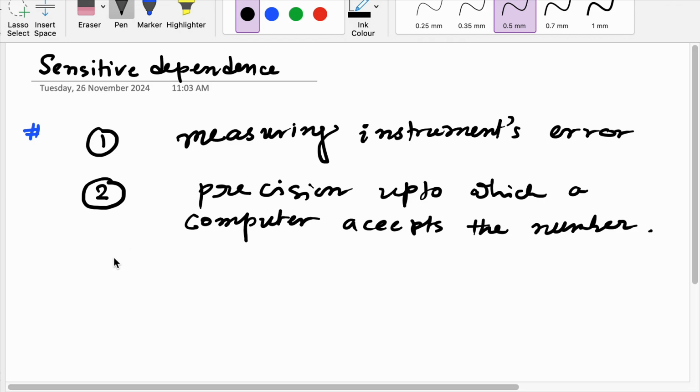Suppose the computer accepts a decimal number and supports only 64 values after the decimal point. Then if we have an irrational number, it cannot be contained in those 64 values, since an irrational number has infinitely many digits after the decimal.